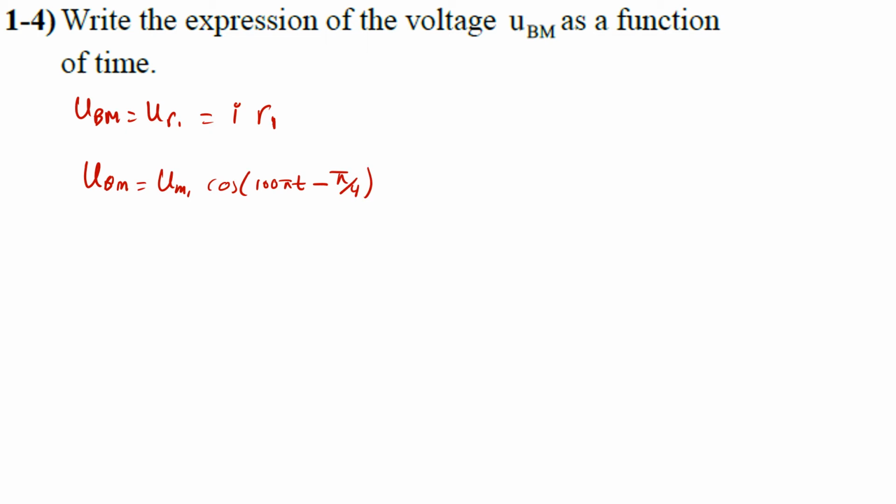Or we replace UM1 by its value, which was 1.4. So UBM is equal to 1.4 cosine of 100 pi t minus pi over 4, where UBM is in volts and t is in seconds.